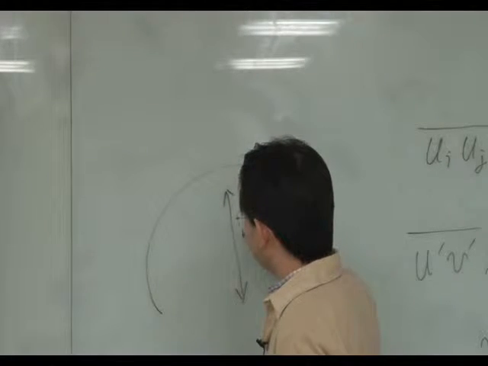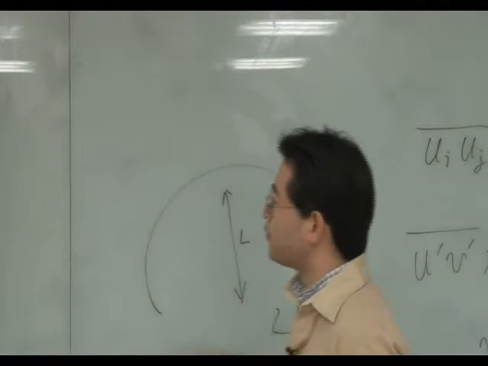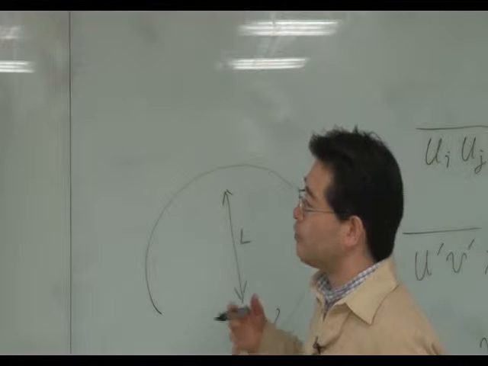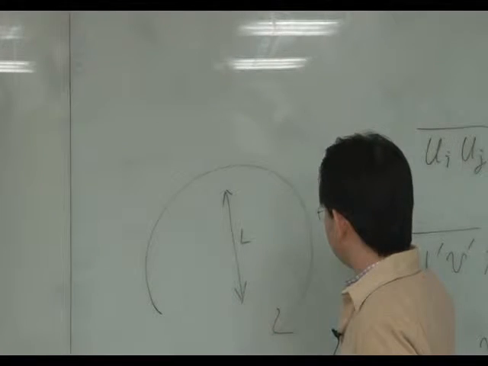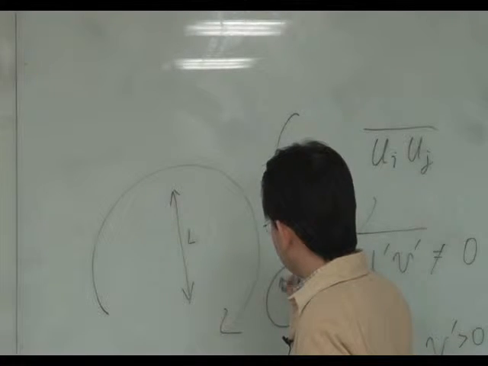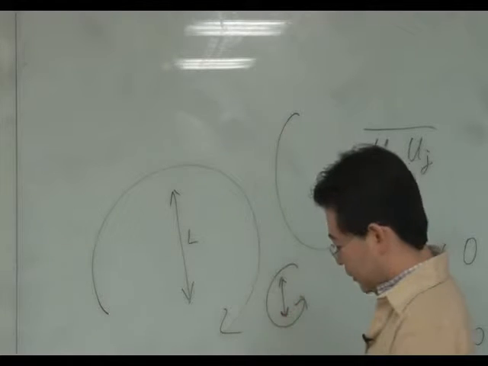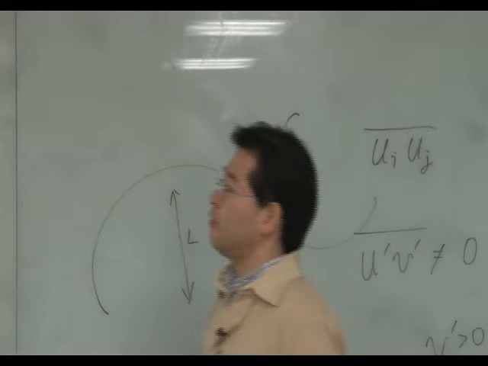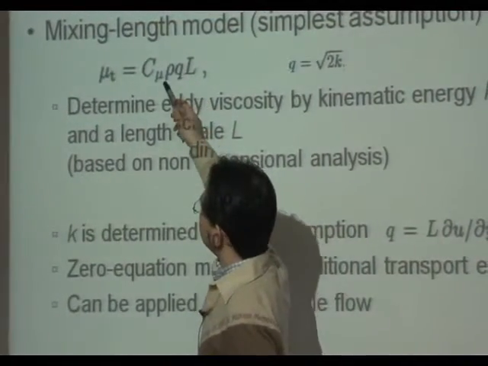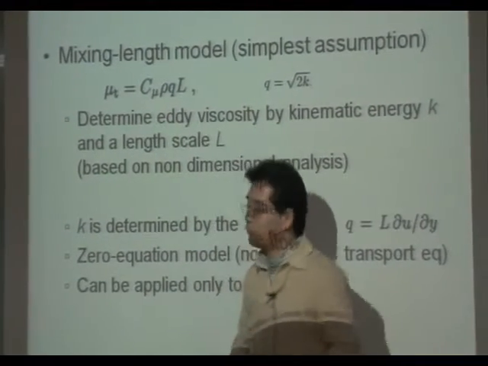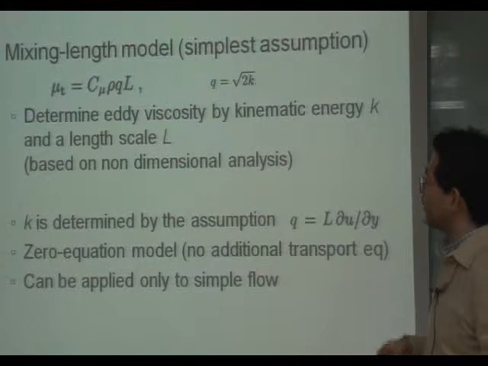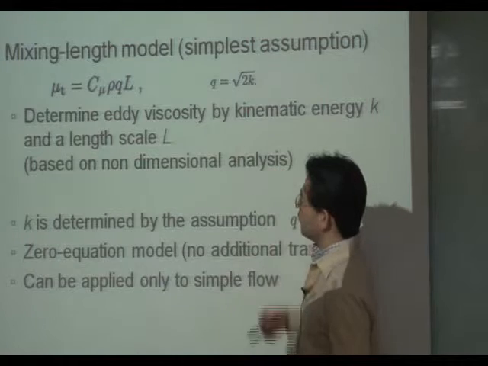In large vorticity, there is no strict definition of L, so this is only an image for understanding. There will be small eddy motion, and in this position L is small, and you have to increase C mu to indicate the increased turbulent effect.